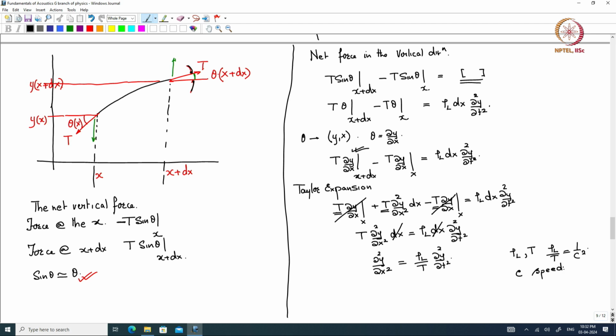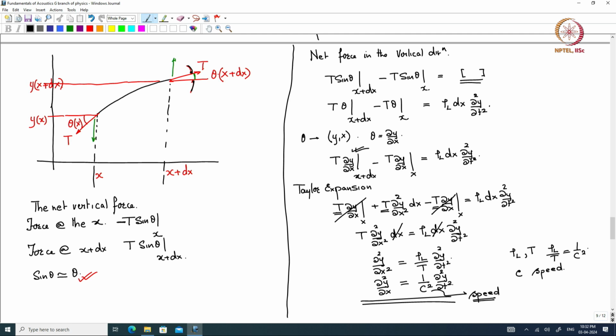So this becomes 1 over c square del 2y by del t square. That is the equation for waves on a string. And this c is the speed at which the wave travels.